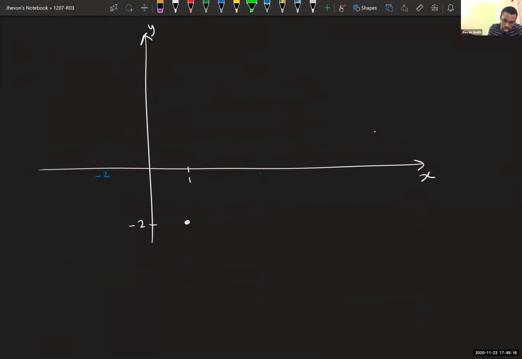Let me make this a little bit longer so I can exaggerate this a little bit. Not drawn to scale, obviously. Then I'm going to move up 3 units in the y, down 3 units in the y. Of course, this is going to go across to 1, and this is going to go down 3 units, so minus 5.